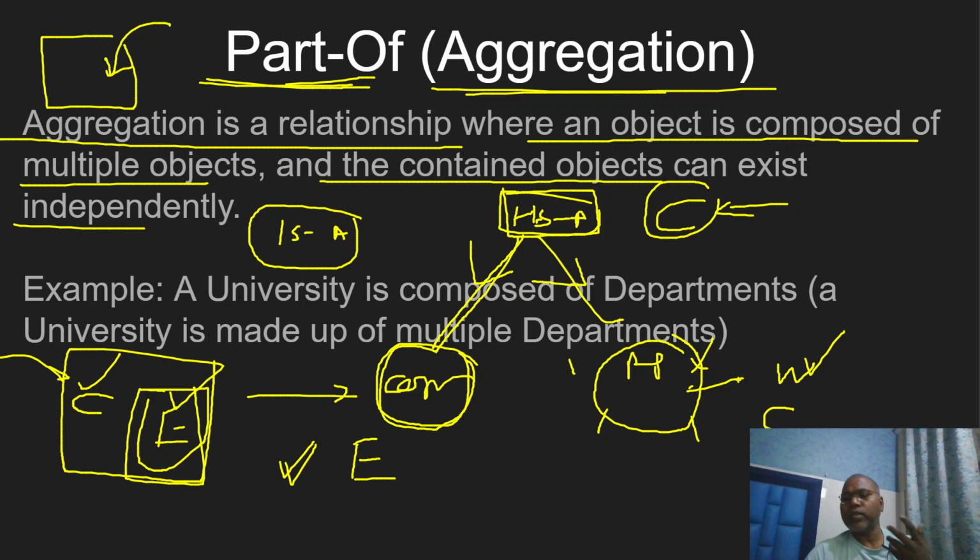Let's take the side mirror. If we have two side mirrors and one side mirror breaks or does not exist, our car still works. So you can say car has a side mirror is a has-a relationship, but it is a weak relationship. So when you decide on has-a, it can have two varieties, one is a very strong relationship, one is a very weak relationship.